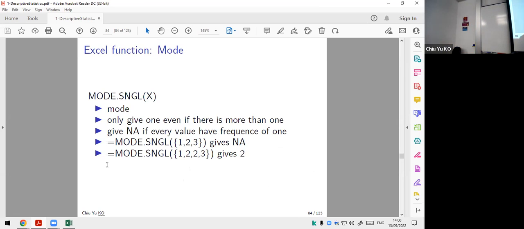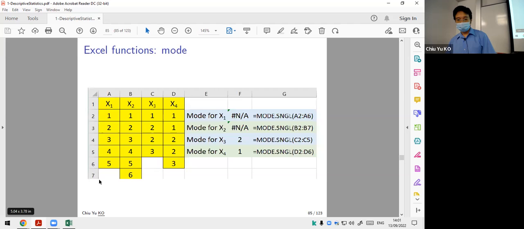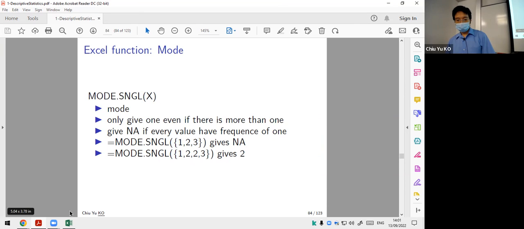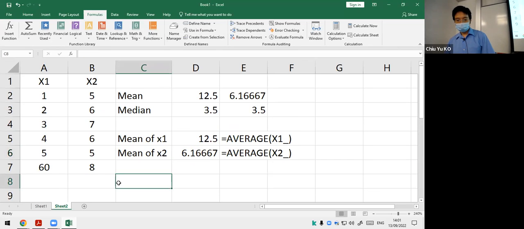We want to see, as I said, in Excel, if everything appears once, it will say no mode. And if something appears more than once, it will just give you the most common one. So the MODE.SNGL. For example, I do a mode here.